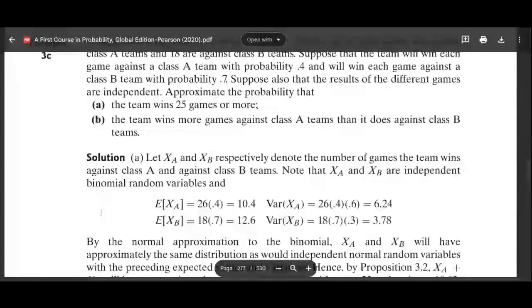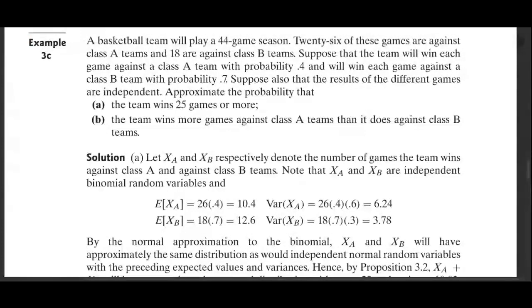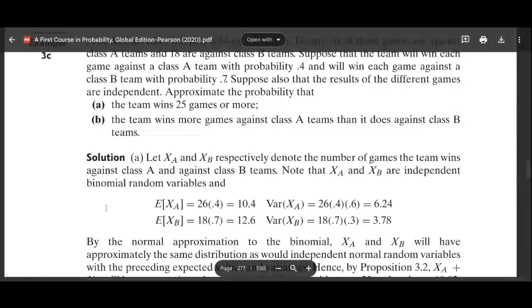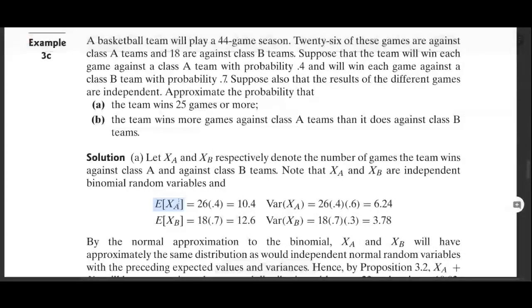We use variables XA and XB to denote the number of games the team wins against Class A and Class B teams. Then XA and XB are independent binomial random variables. The expected value of XA is 26 times 0.4.